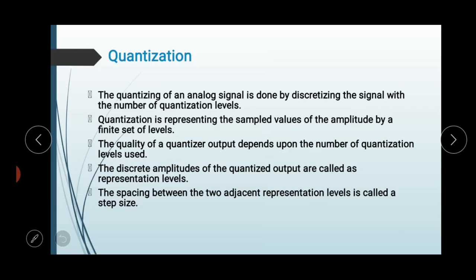The quantizing of an analog signal is done by discretizing the signal with a number of quantization levels, that is, predefined levels.